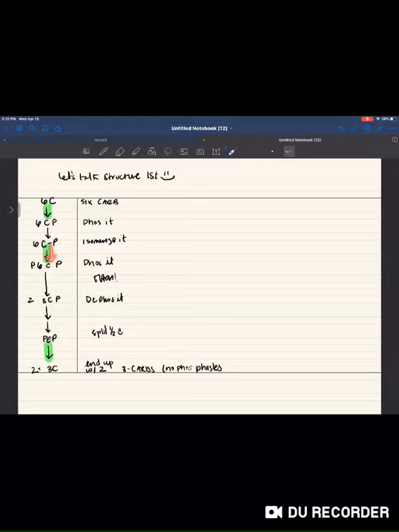Then we phosphorylate it again. First we had 1, now we have 2. Then through a series of steps, we dephosphorylate it. That phosphorus is gone. We split it in half, and we end up with 2 three-carbon molecules. So that's just the structure.